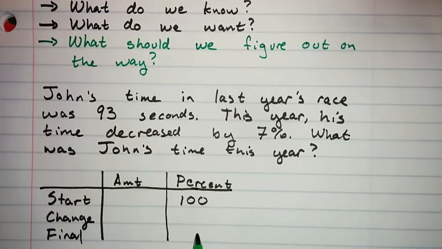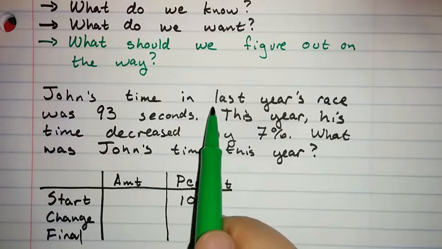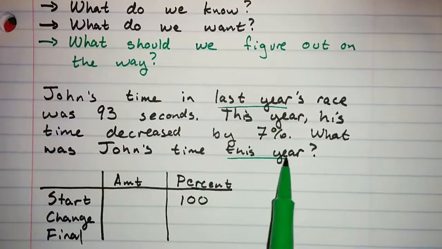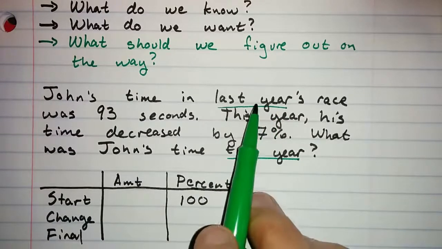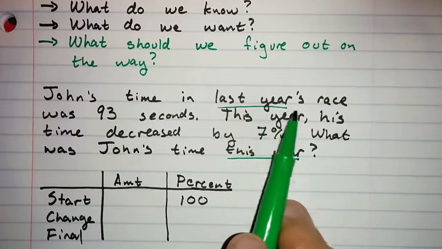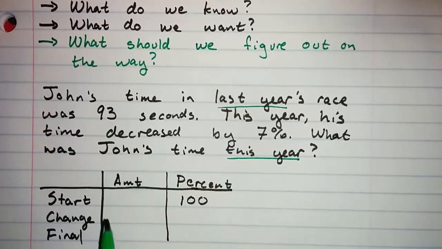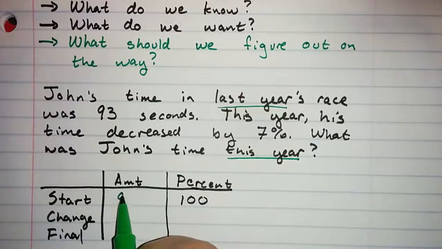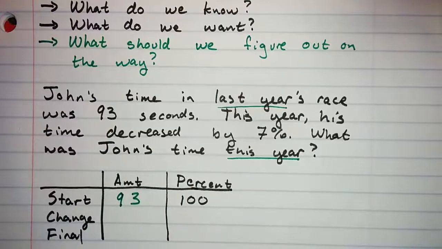These 5 are the quantities I might be interested in a percent problem. Let's see, we're talking about last year and this year. So last year is where we started. Last year's time was 93 seconds. So the starting amount was 93.